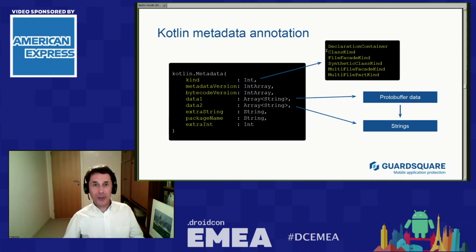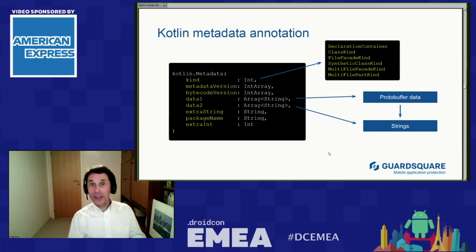There are different types of metadata, and there is an array with strings that are actually encoded protobuffer data, and then there is an array of strings that are referenced from these protobuffer data that contain names like class names, field names, function names, property names, and so on.